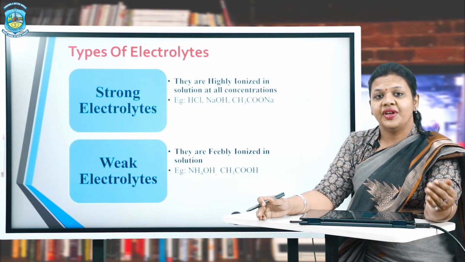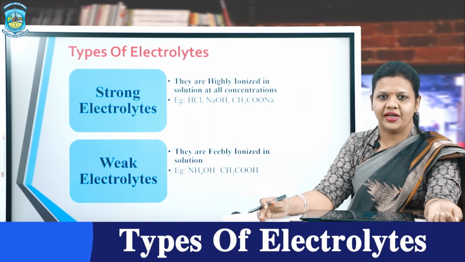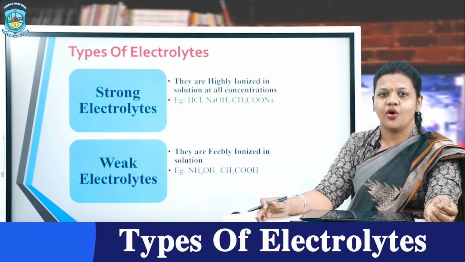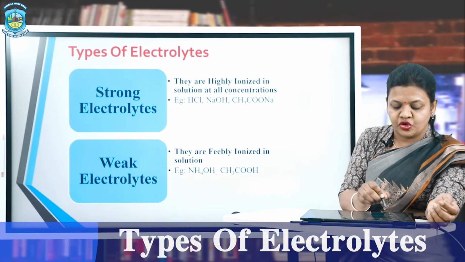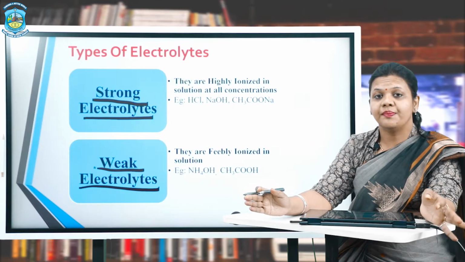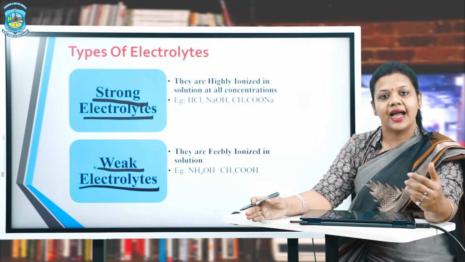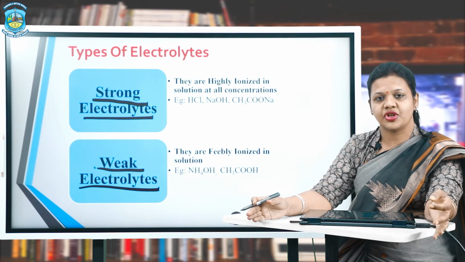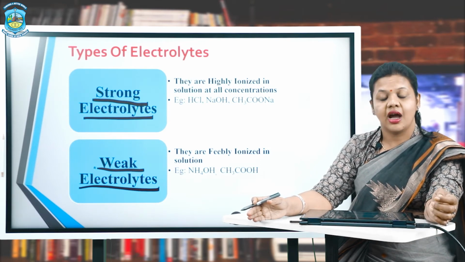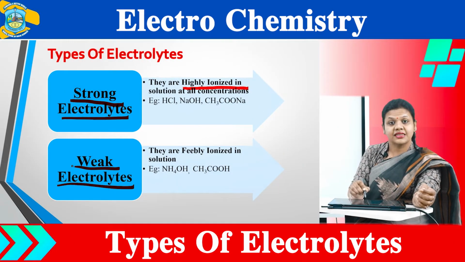Now, we have seen what are electrolytes. If we see the classification of electrolytes, electrolytes are of two types: strong electrolytes and weak electrolytes. This classification is done on the basis of the ability of the electrolytes to get ionized. The substances which are called strong electrolytes are those which are highly ionized in solutions in all concentrations.